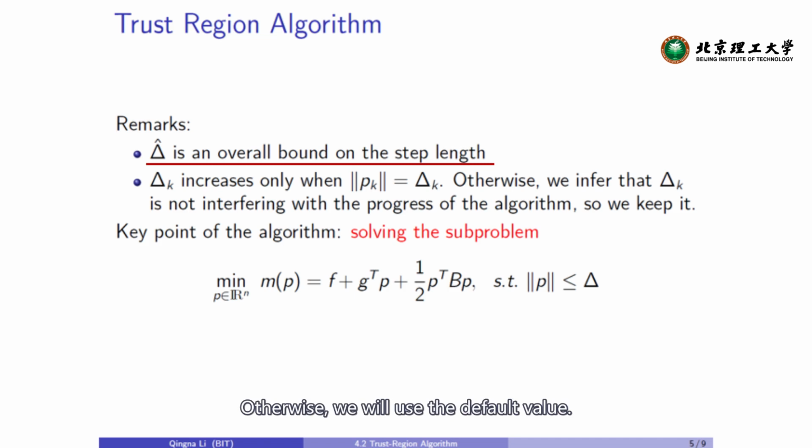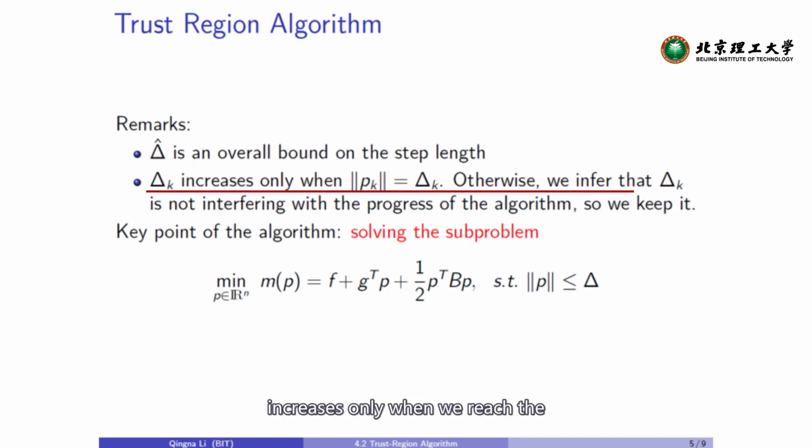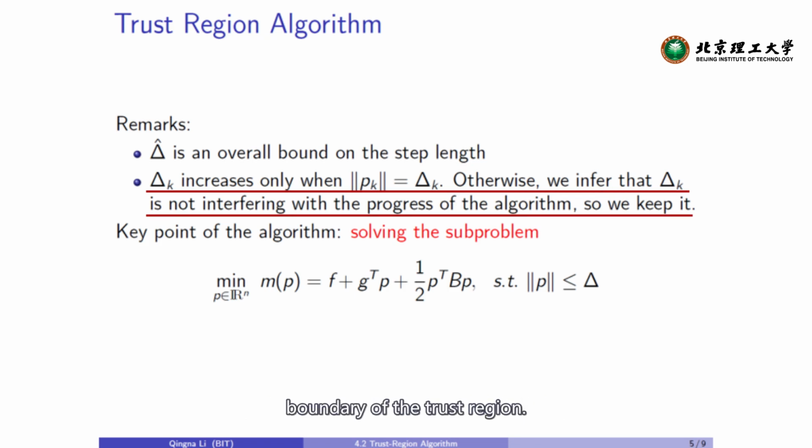Otherwise, we will use the default value. And delta k increases only when we reach the boundary of the trust region. This is what we have specified on the previous page. In this case, it actually means that the trust region may restrict our update. Okay? If we choose a little bit larger trust region, then we may get even bigger progress. So this is the intuition.